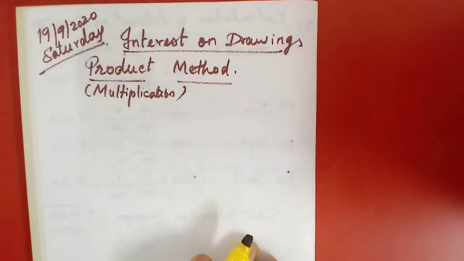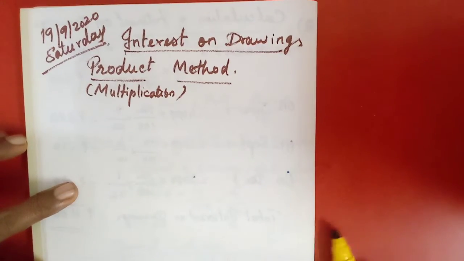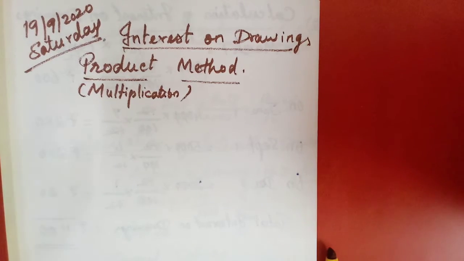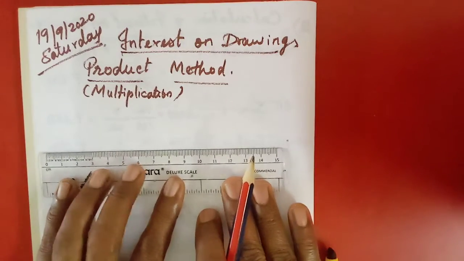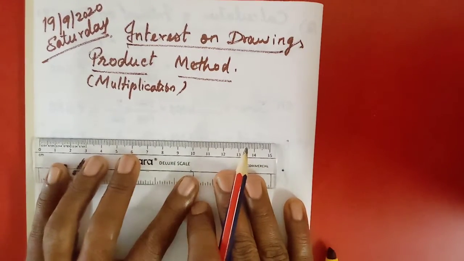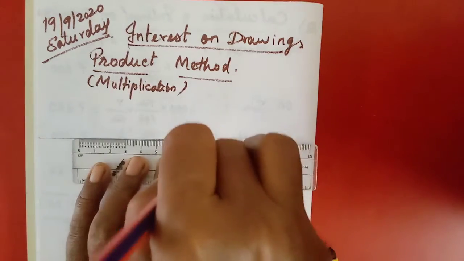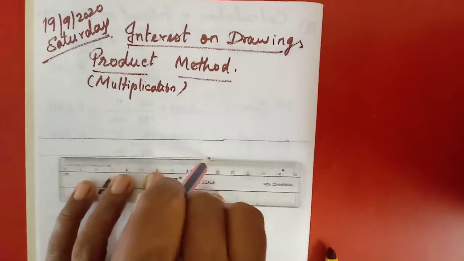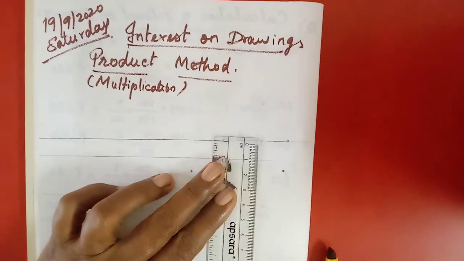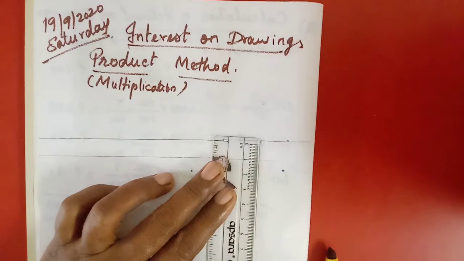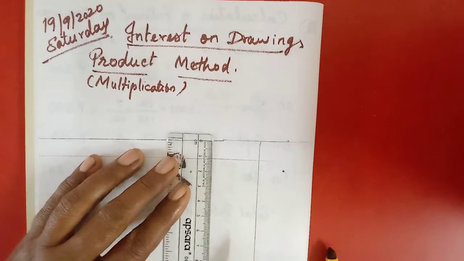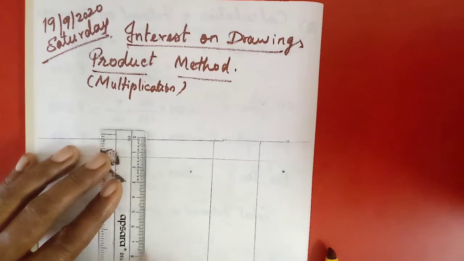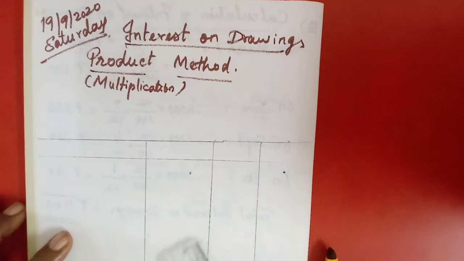I will show. Now we only need to draw 2 more columns. The last column is for product, then the number of months, then the amount he has withdrawn, then the date of drawings.